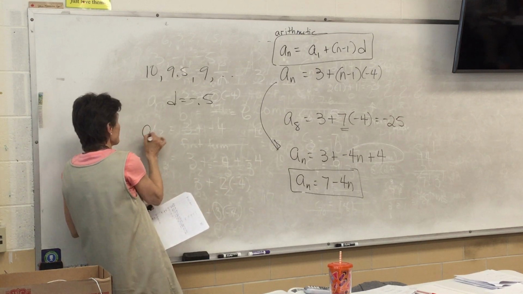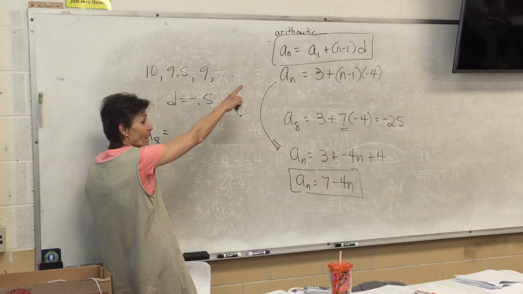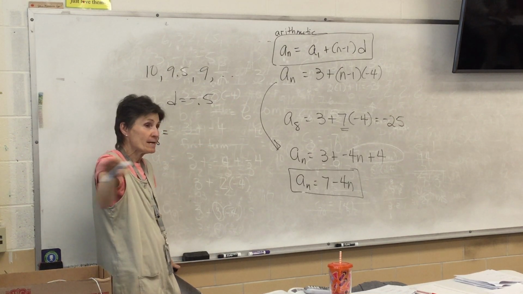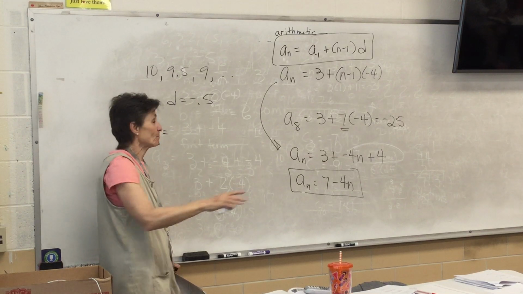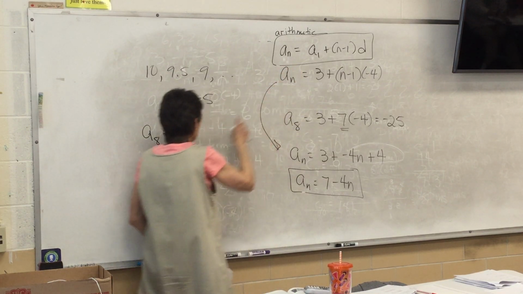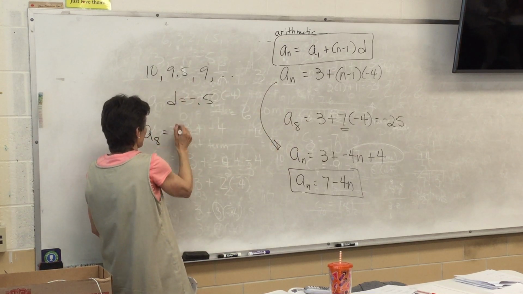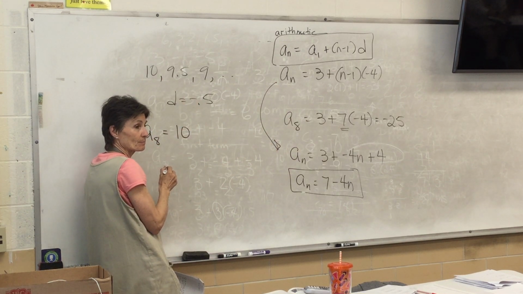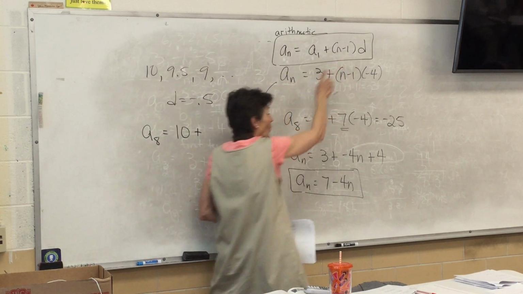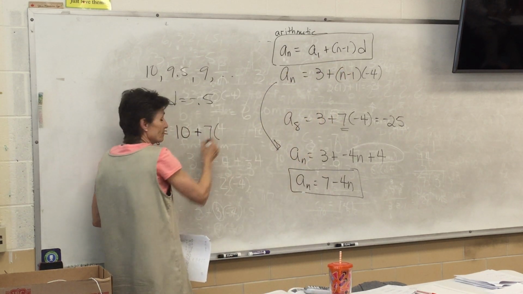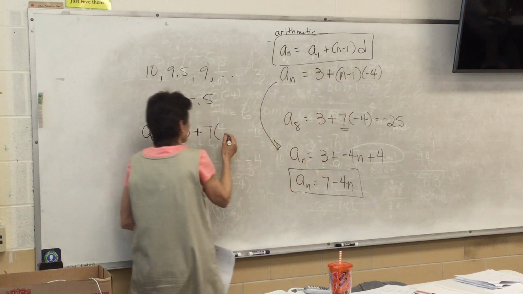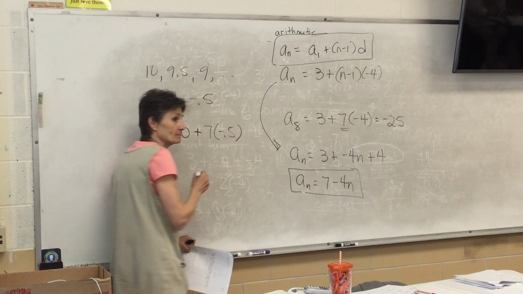The 8th term, according to my formula in the box that works for every arithmetic sequence, put an 8 right there, is going to be the first term, which is 10, plus 8 minus 1, 7, times the common difference, which is negative 0.5.